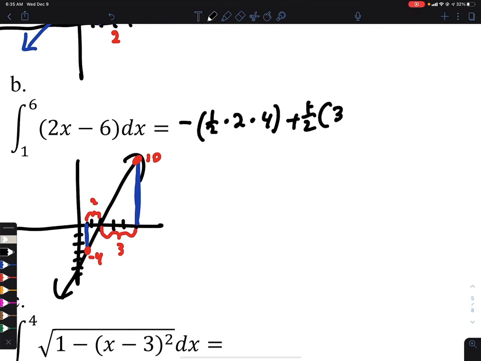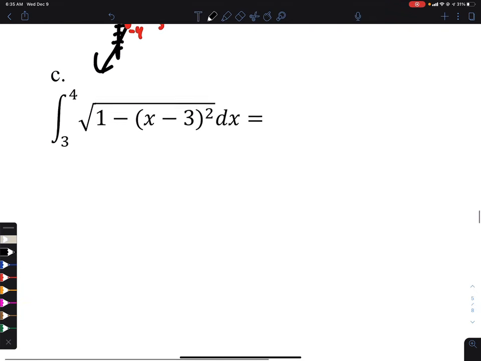The base is 3, and the height is 10. So we're going to get -4 plus 15, and I get the answer of 11. Hopefully that's what you got. Unless I messed up, then hopefully that's not what you got. And I often make mistakes. But that's the answer to that one.